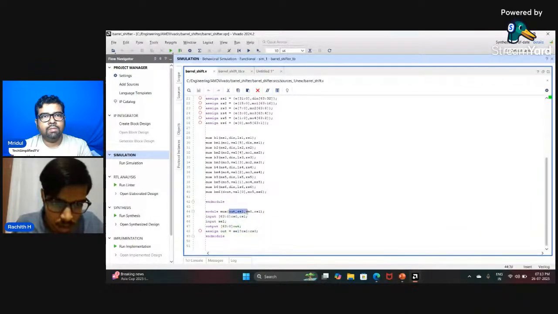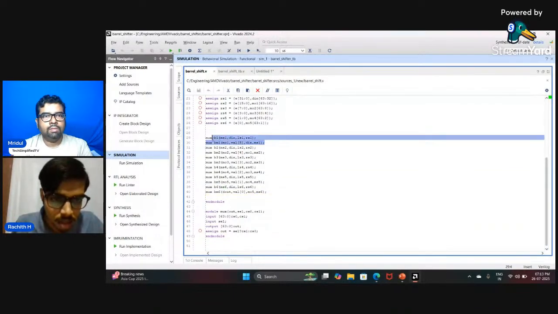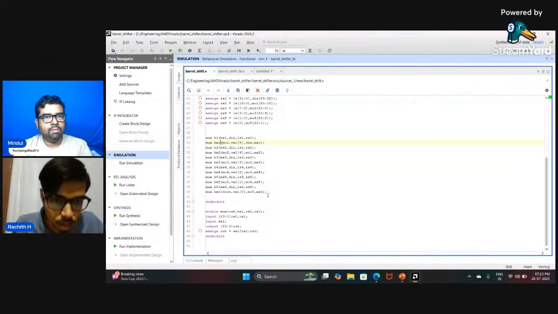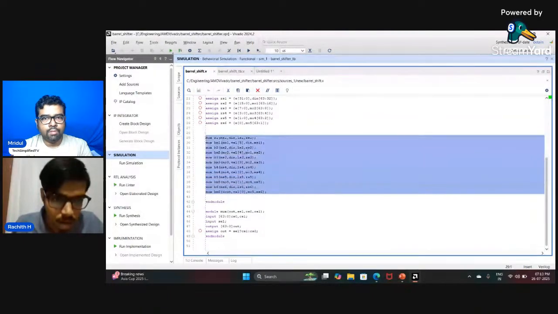And note that the positions of the ports matter, because the first port is the output, second is the select line, and third and fourth are the inputs given to it. So these are the multiplexer stages. As you can see, B1, BM1, B2, BM2. Similarly, up to 6 stages are defined here. So as shown in the schematic, this is how it is connected using Verilog.